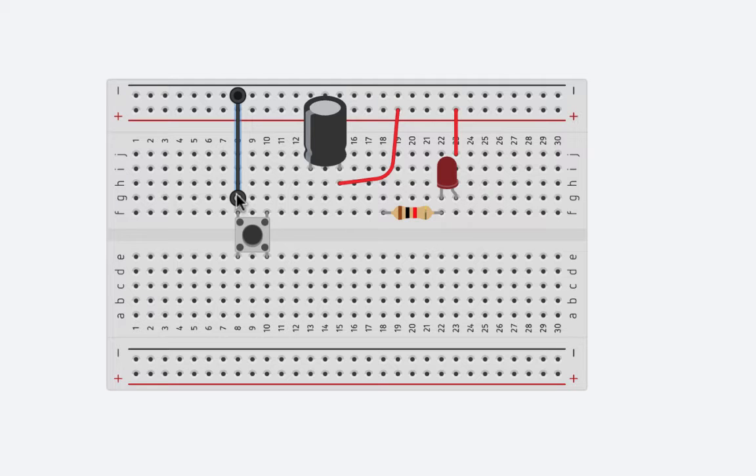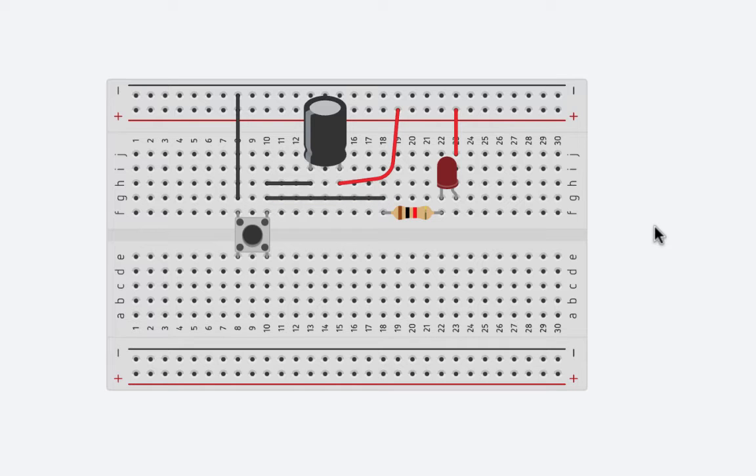Now I'm going to need to connect, so this will allow the flow of electrons. When I press the button, I need them to flow from my push button all the way to my capacitor, but I also need them to flow from that point to my resistor.